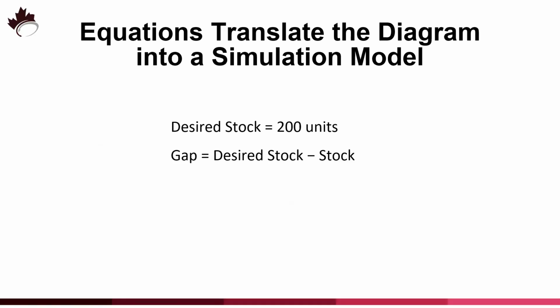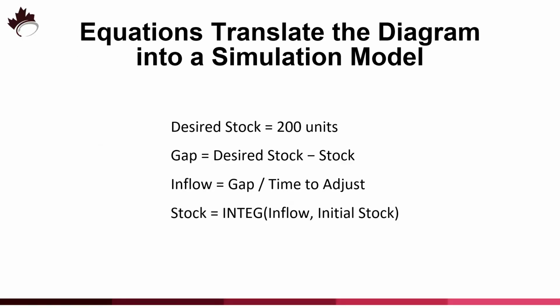Then we measure the gap between the desired stock and the current stock level, and that's the gap. And then we have an inflow, which is the gap divided by the time to adjust. Then we take a numerical integration of the inflow over time, where we started with an initial stock level.